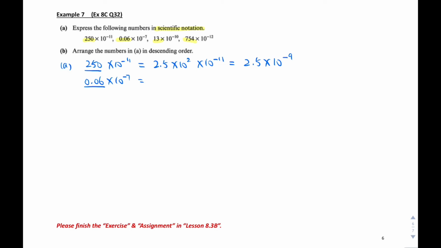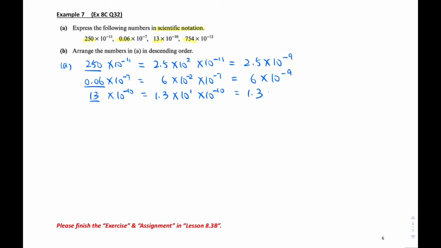Second, for 0.06, this is 6 times 10 to the power of negative 2, times 10 to the power of negative 7. So this is 10 to the power of negative 2 plus negative 7. This is negative 9. Third, 13 times 10 to the power of negative 10. For 13, this is 1.3 times 10 to the power of 1.